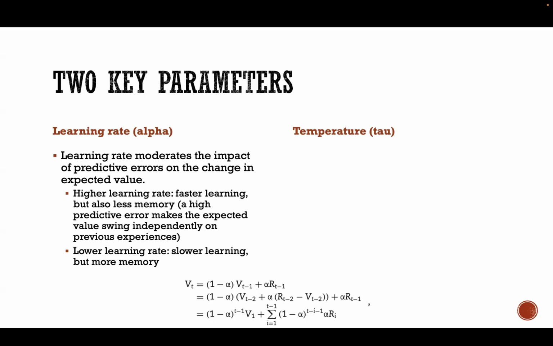Right, so the basic idea here is that this previous expected value is something that we can unpack throughout all the previous trials.